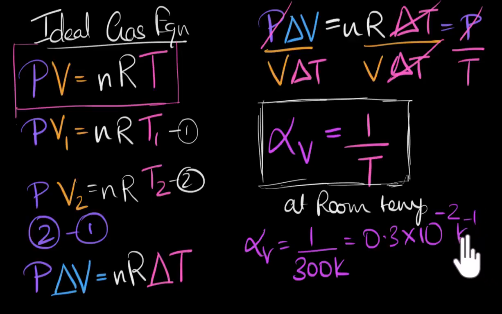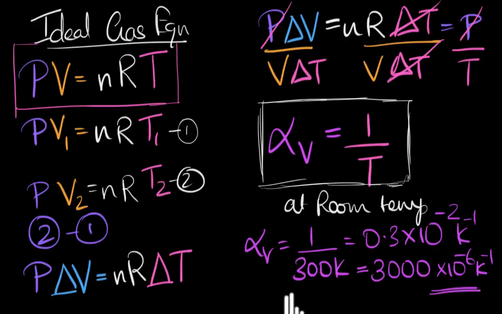But let's convert this to 10 power minus 6, that's how it is in the table. We'll get back to the table in a second. To convert to 10 power minus 6, we shift the decimal 4 places towards the right. That'll give us 3,000 times 10 power minus 6 Kelvin inverse.